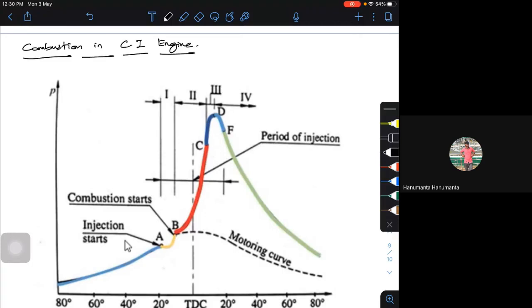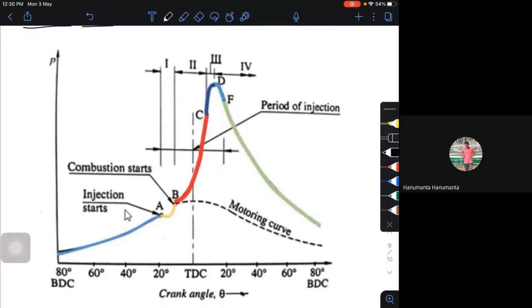As I told, if I try to put a theoretical curve, that is called a motoring curve, in case of a CI engine it follows this particular path. Simply it will go from A to B, then it will follow this motoring curve. This is your theoretical curve without any combustion process.